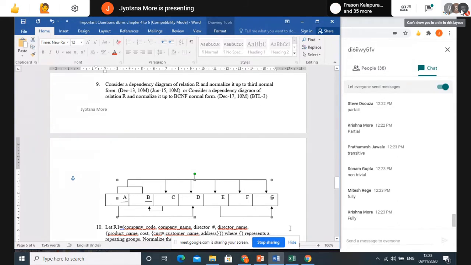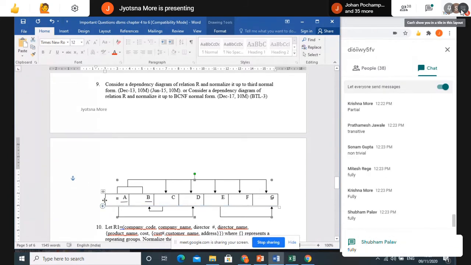Basically, it is not required in this solution, but you should know that it is known as a fully functional dependency. Okay, it is enough.